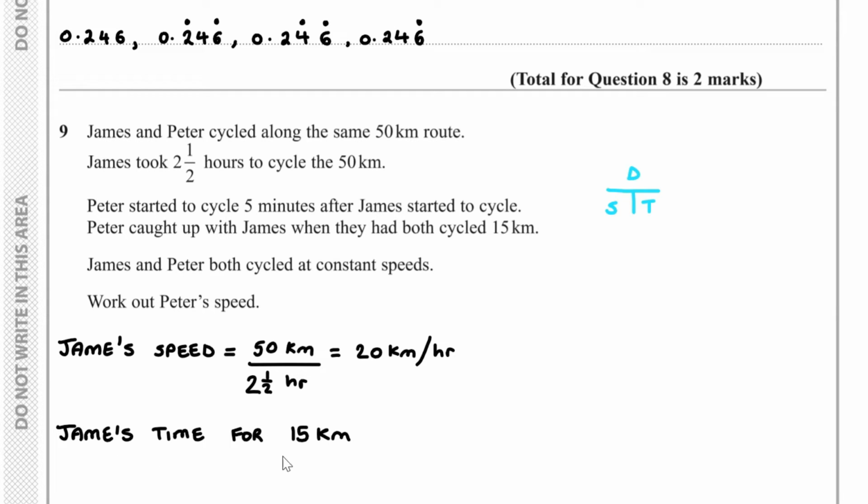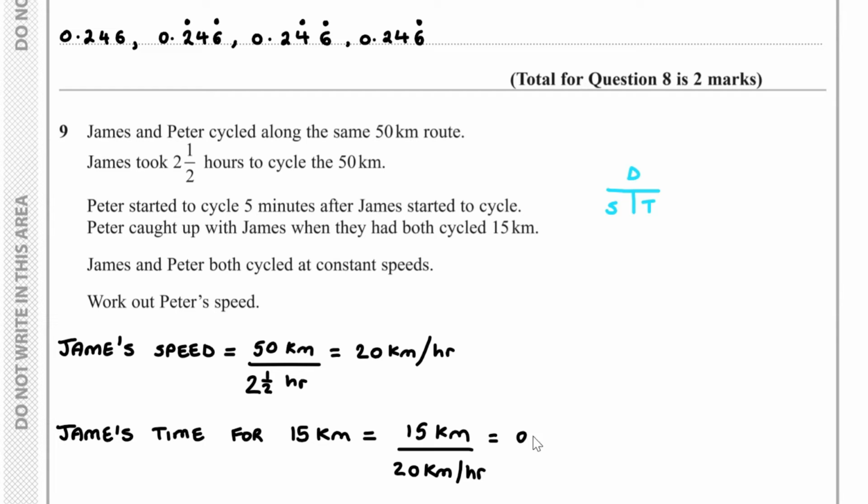So James's time for the 15 kilometers, we've got here the distance 15 kilometers and we've got the constant speed of 20 kilometers per hour.